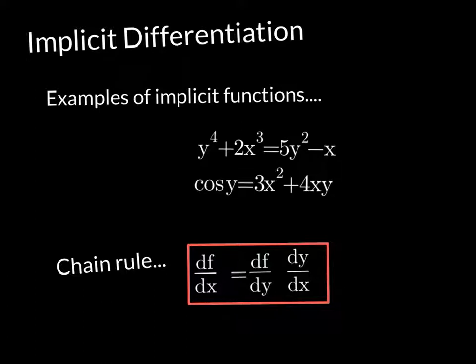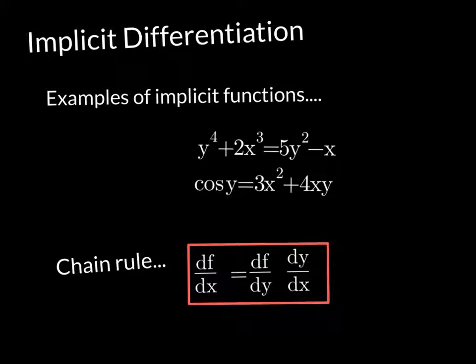Similarly for cos y is equal to 3x squared plus 4xy, we can't simply write y is equal to blah blah blah in terms of x. That would be, if we could do that, an explicit function, and so because we can't do that, these are implicit functions.